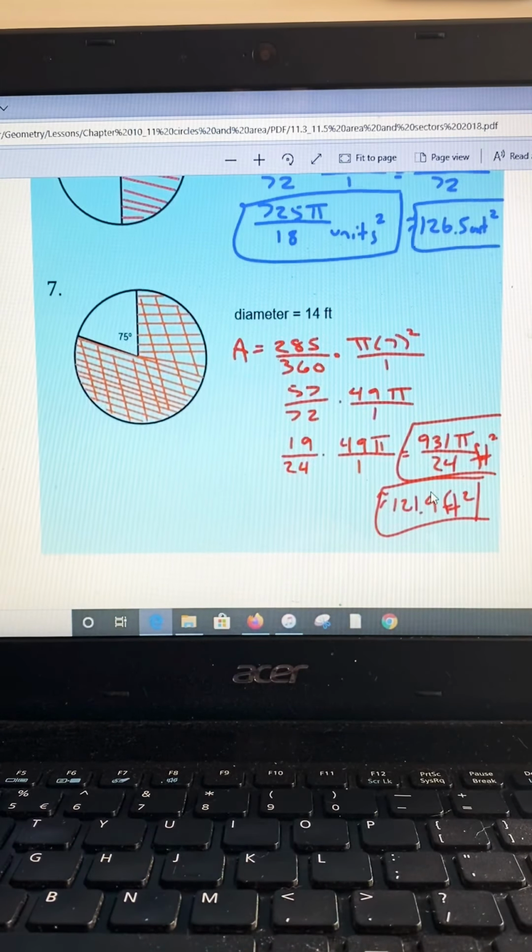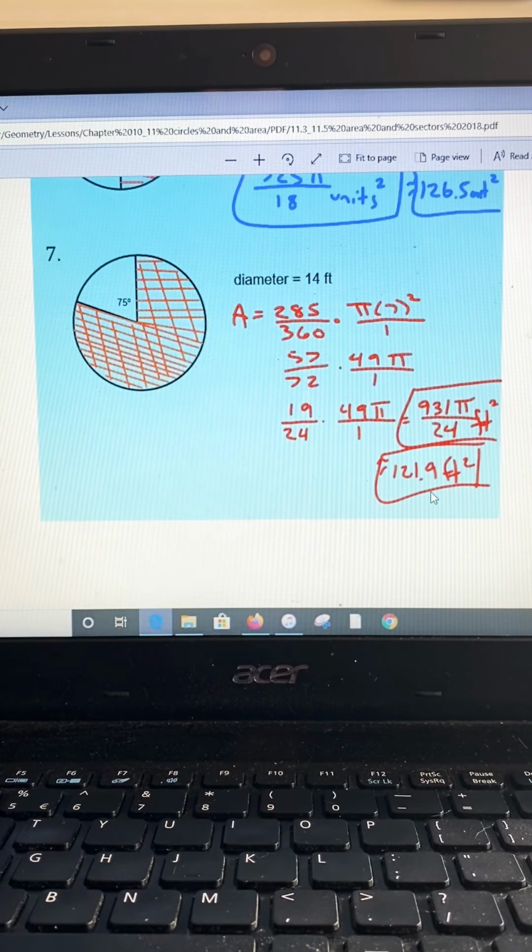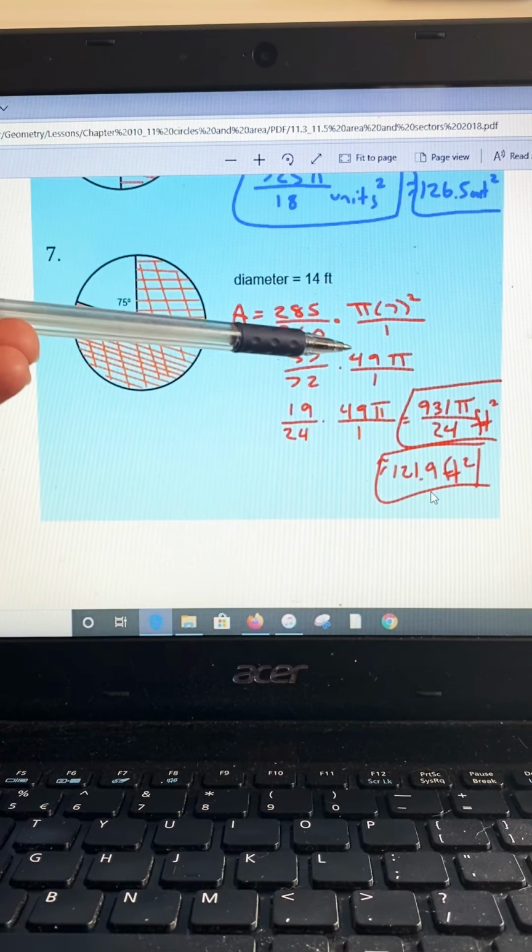And the last one right here. This time I'm asking for that major arc. So you have to do 360 minus 75, and that's where I got the 285. So 285 over 360 times pi. The radius is 7 because it's half of the diameter. So 7 squared gets me this 49.